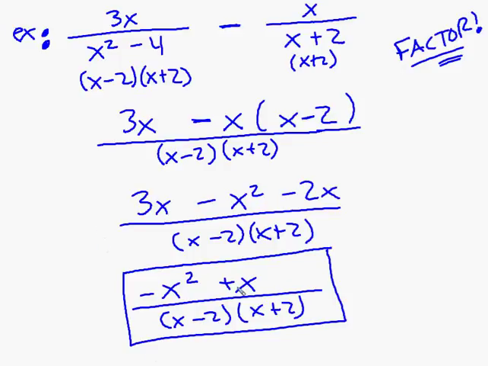Now, there is an additional step. Now on this one, it doesn't end up mattering. But I do need to factor my numerator to see if it cancels with the denominator at the end.